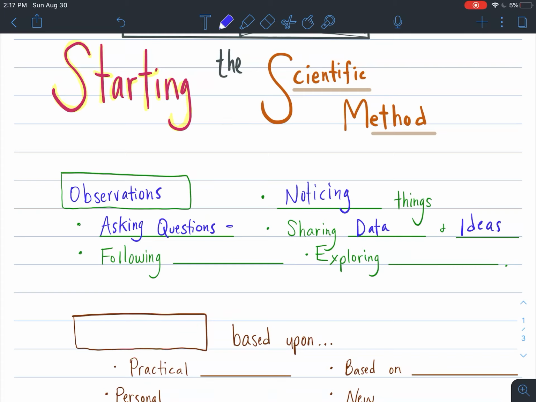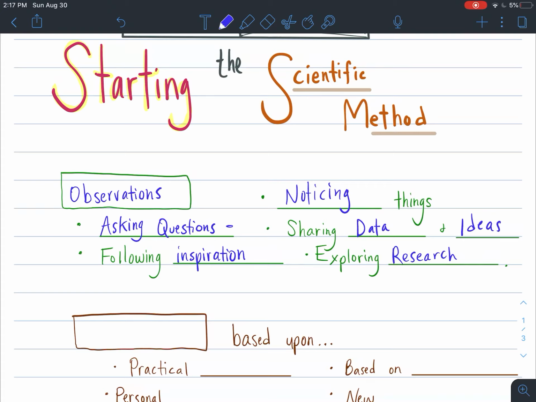Another way that people make observations is from following their inspiration. So maybe someone's riffing on the guitar and they start to notice something, but they're just following their heart, following what inspires them, and all of a sudden they start to notice a pattern. And then sometimes people make observations from exploring different research.